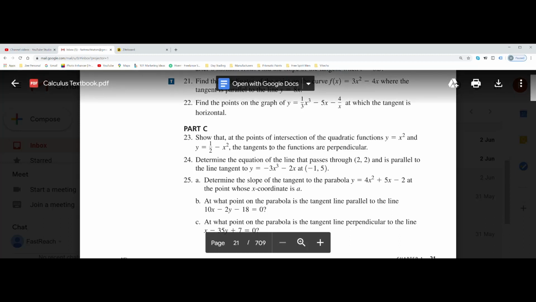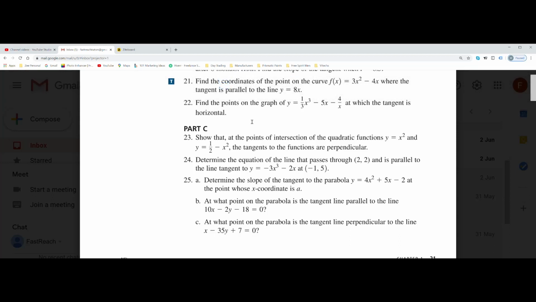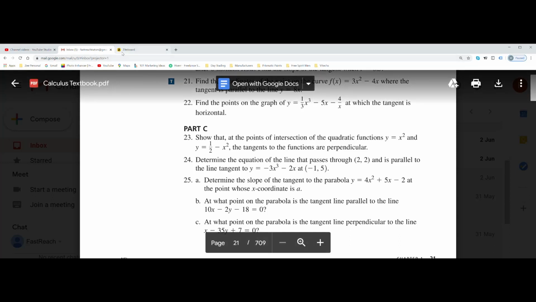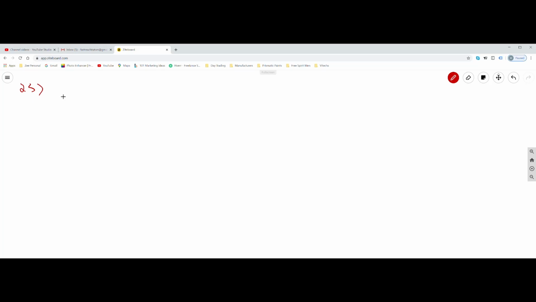We want to show that at the points of intersection, the tangents are perpendicular. So we have to set the two equations equal to each other. So x squared equals 1/2 minus x squared.